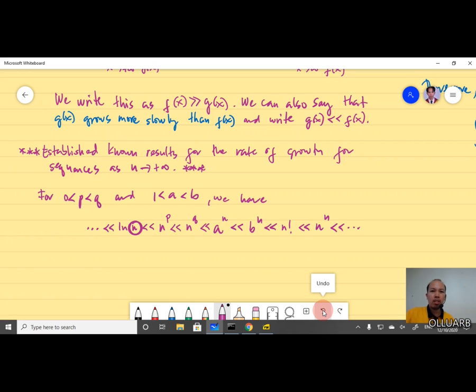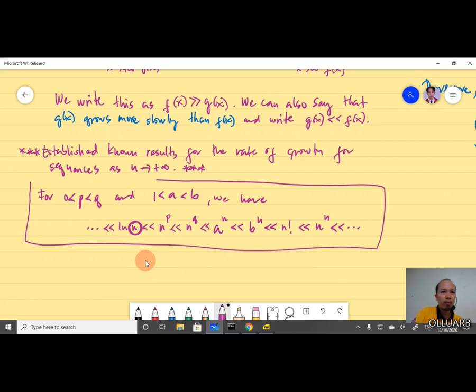So notice here, n to the n is much faster than n factorial. So with this, this is the established known result.